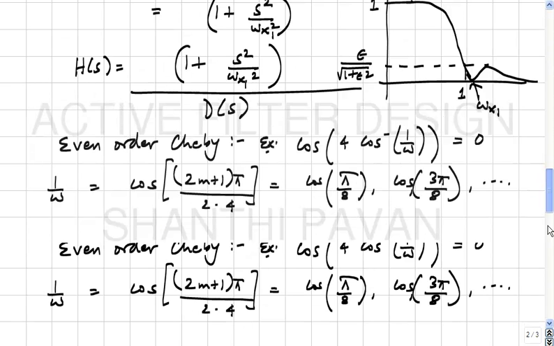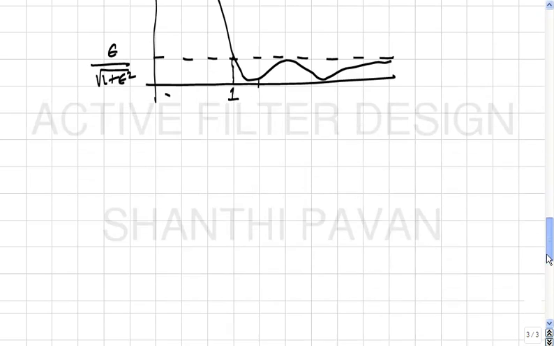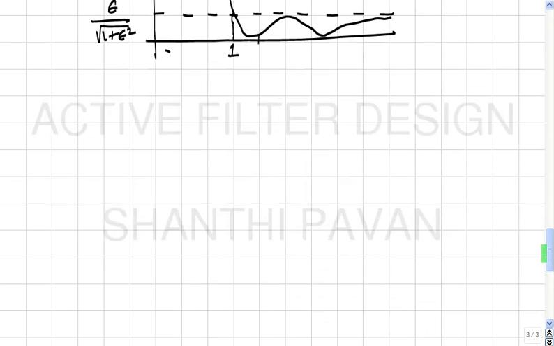Now one last remark I need to make about the inverse Chebyshev is, we have seen that in the passband it's monotonic, but we'd like to see how the passband behaves. We know that at DC it is 1, but how it behaves around DC is something of interest, so let's quickly look.